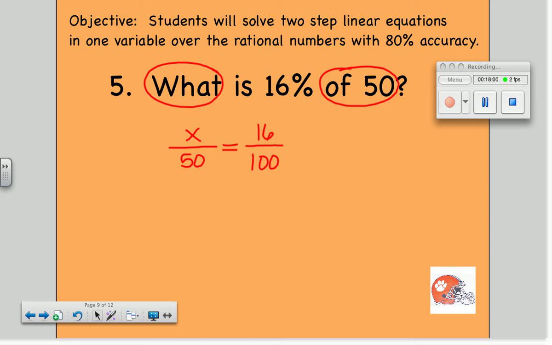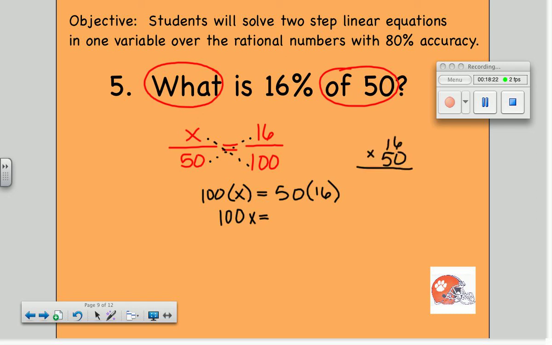I cross multiply. X times 100 and 50 times 16. X times 100 is 100x. And 50 times 16 is 800.